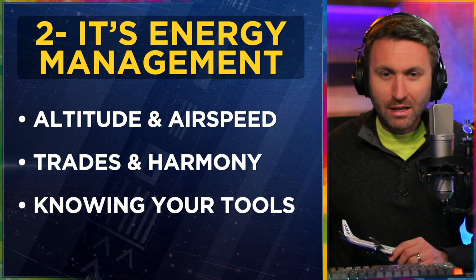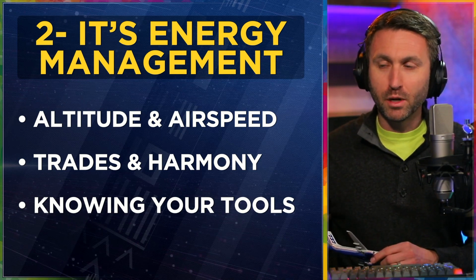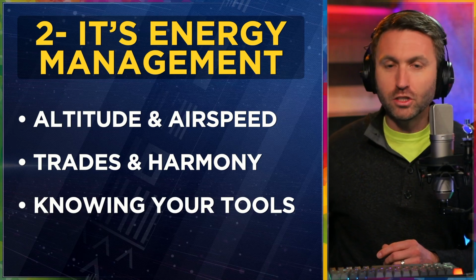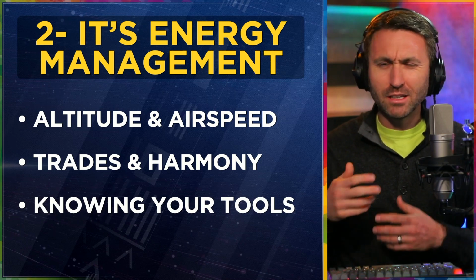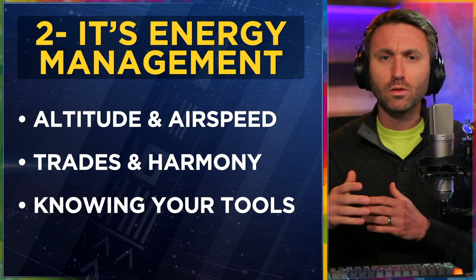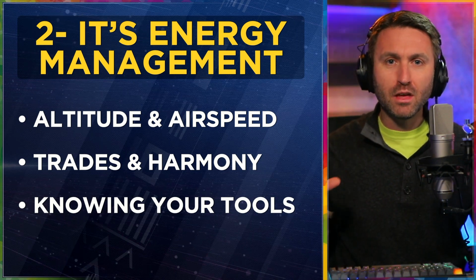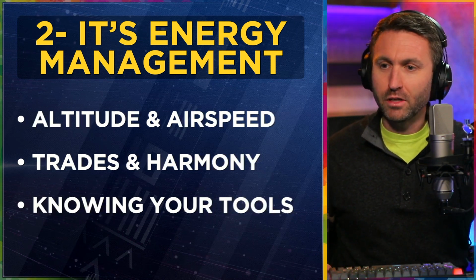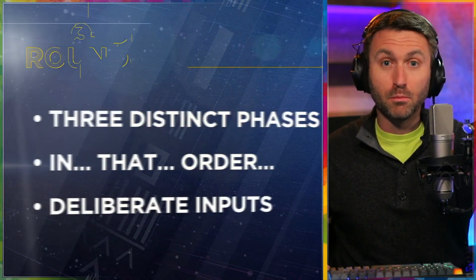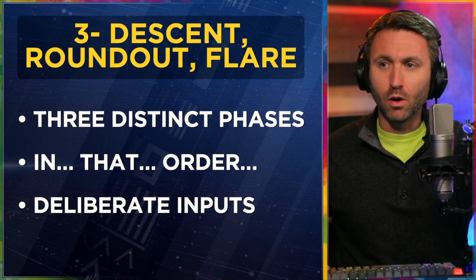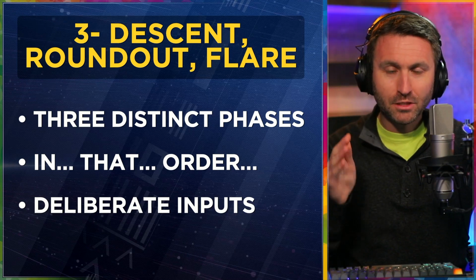So there are things at your disposal, but it's all about energy management. Did I mention flap settings? There are a lot of things that you can do to alter this, but just know that altitude and airspeed are the 2 main things that you're trading off here in terms of performance and ultimately the best and safe landing.